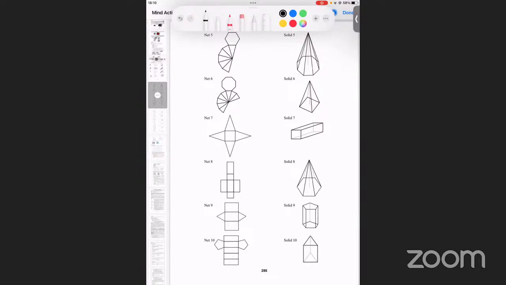Ma'am, net 5 is solid 8. 1, 2, 3, 4. 1, 2, 3. Yes, so it's going to be 8. Net 6. Net 6 is solid 5. Yes.